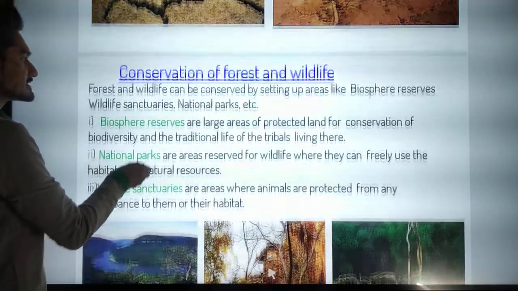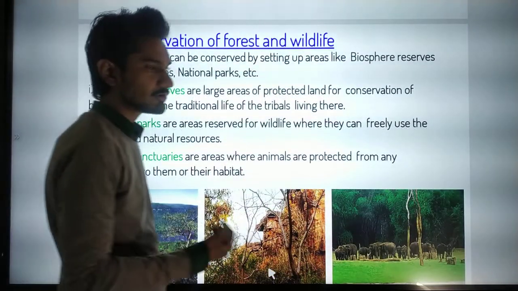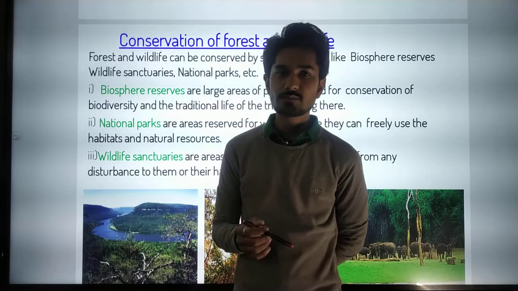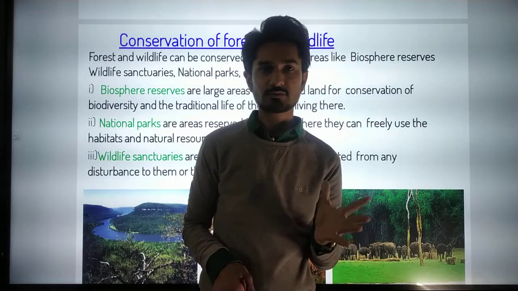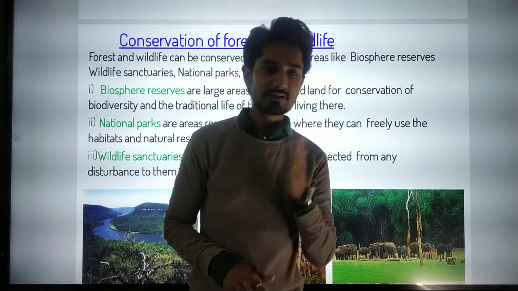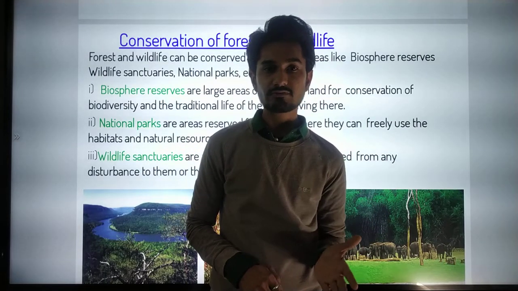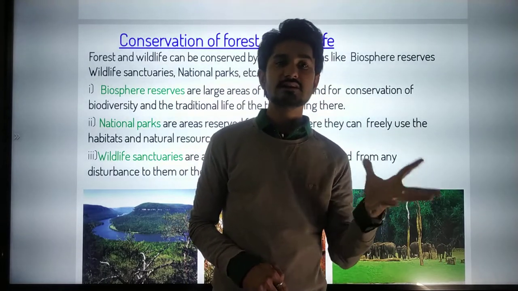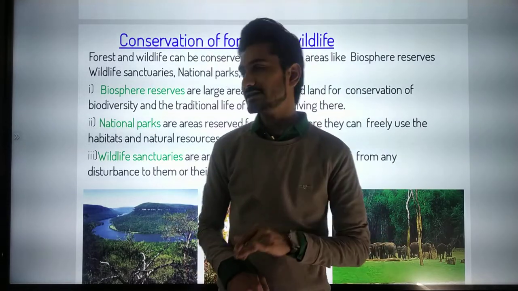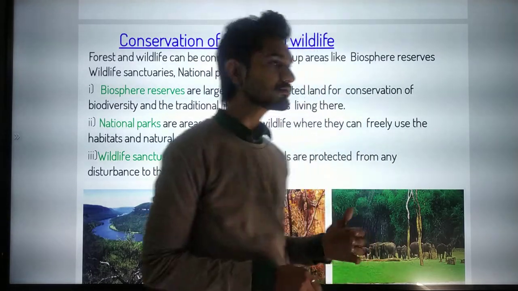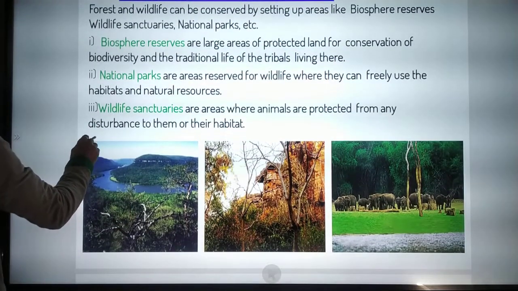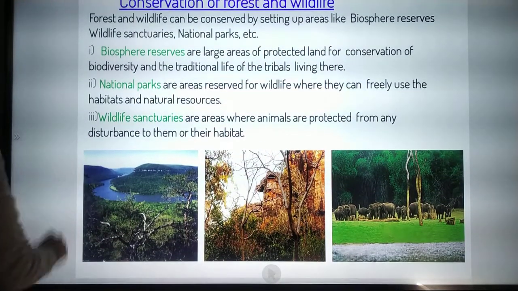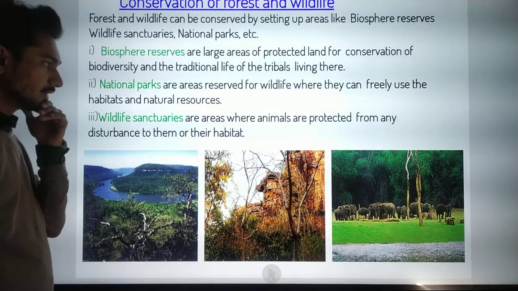Now conservation, we know that conservation of plants. In that we have seen deforestation, the reasons for deforestation, then we have learned the consequences of deforestation, then we have seen desertification and droughts, and now we are seeing how to conserve the forest and wildlife. So for conserving the forest, what do we have to do?